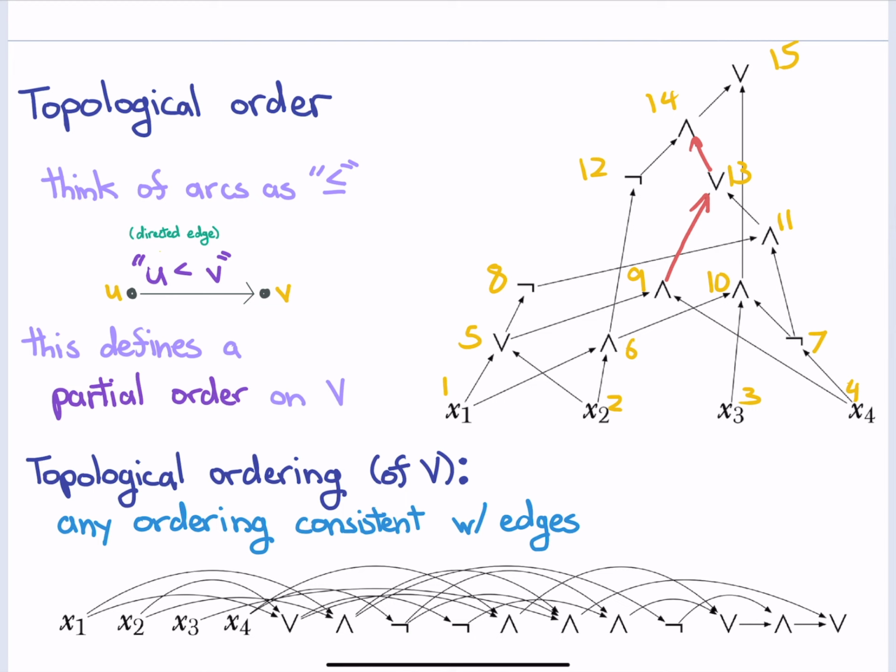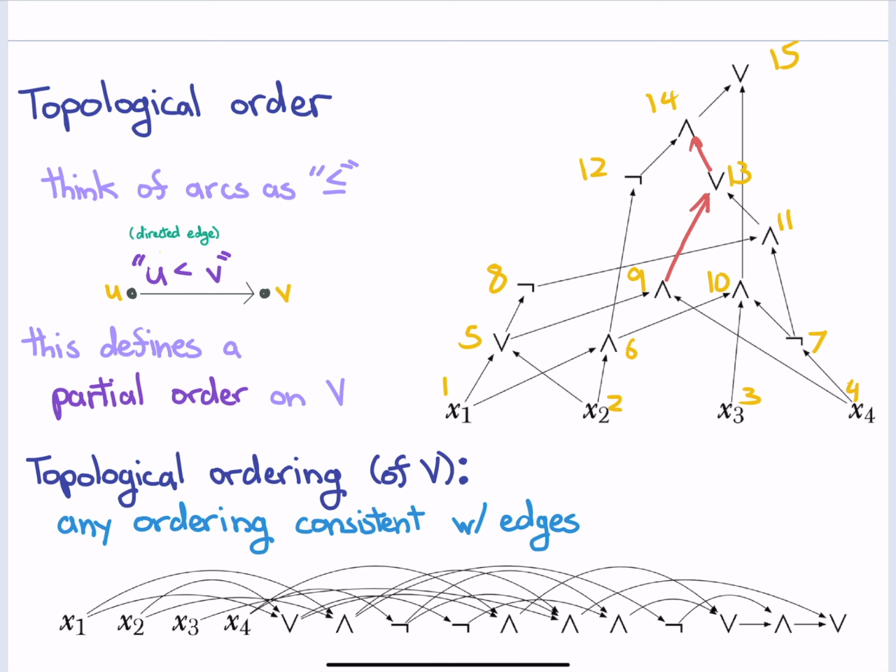And since I've hopefully done it correctly, all the edges are going from left to right. So I'm listing the nodes in some order that's consistent with all of the edges. Hope that's better. So you can list the vertices so it's consistent with all of the edges.